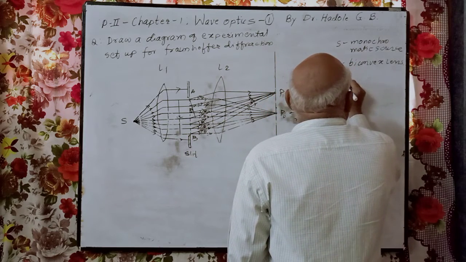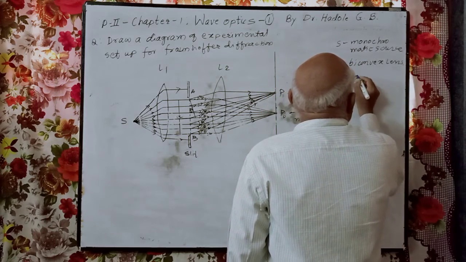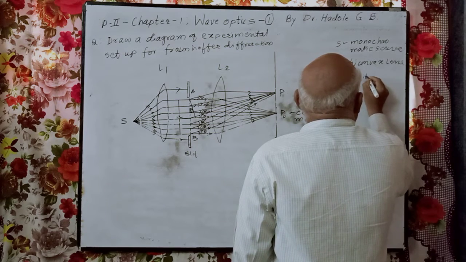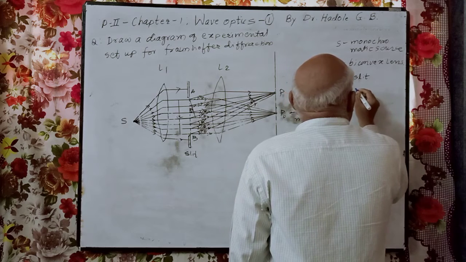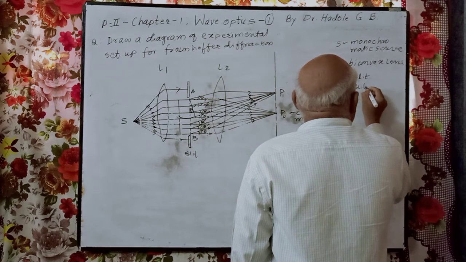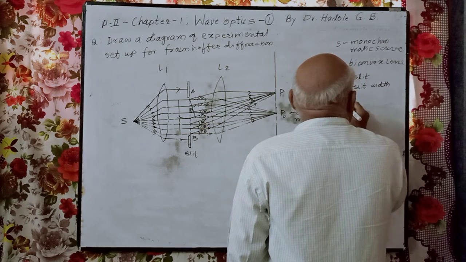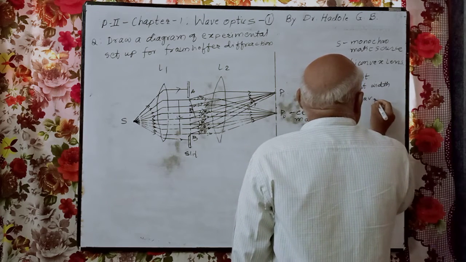Next, AB: slit. Small a: slit width. Lambda: wavelength of light.